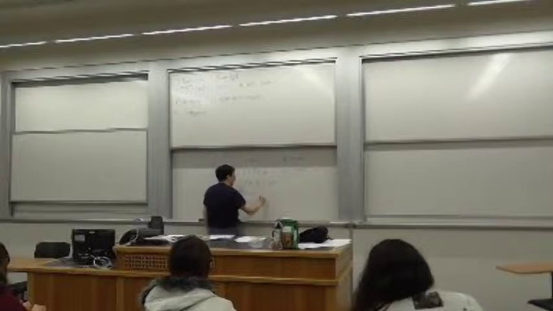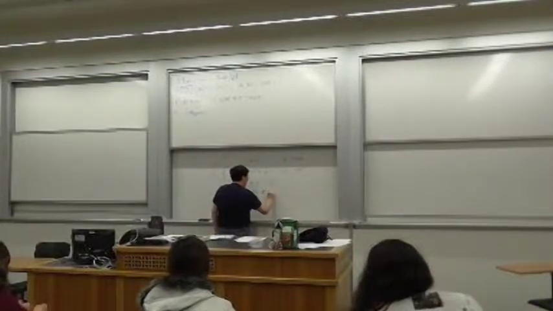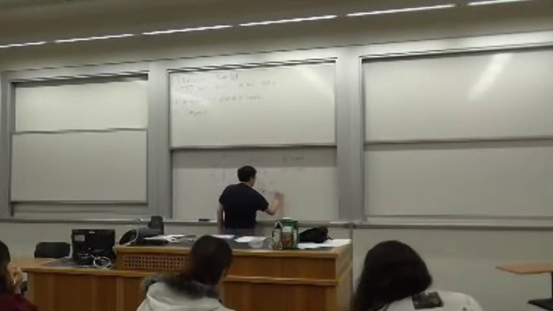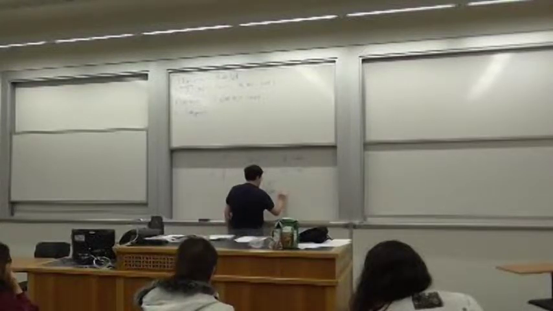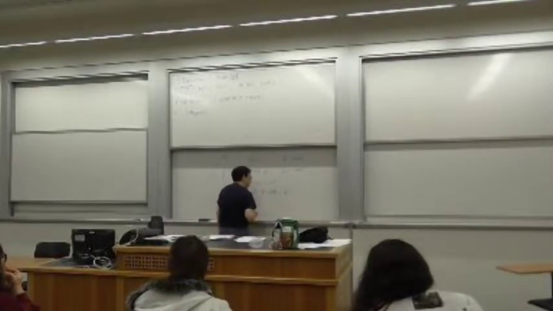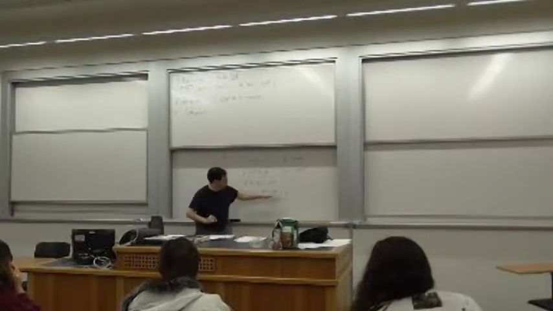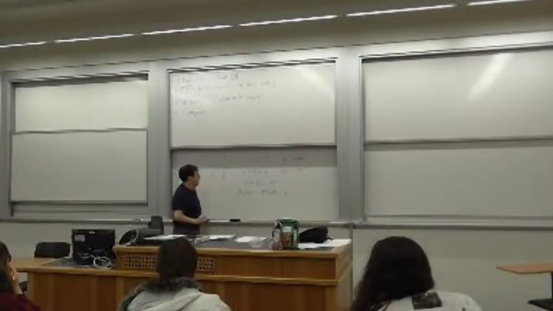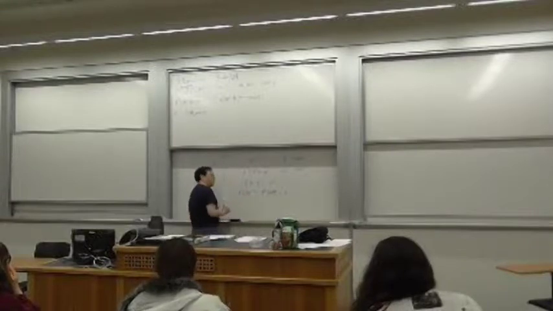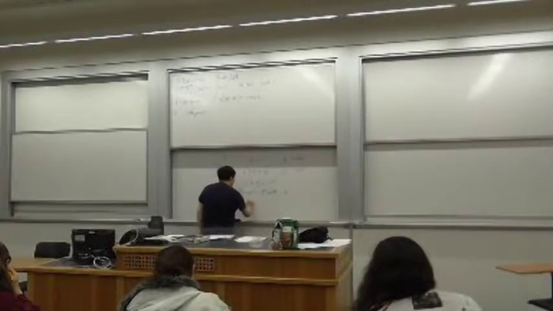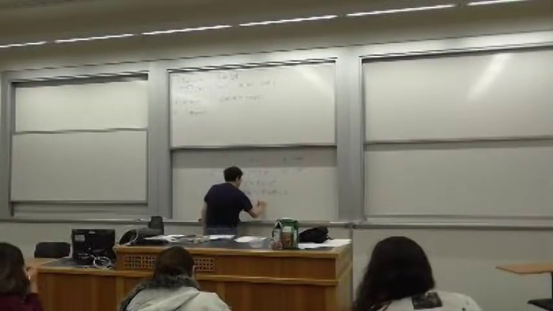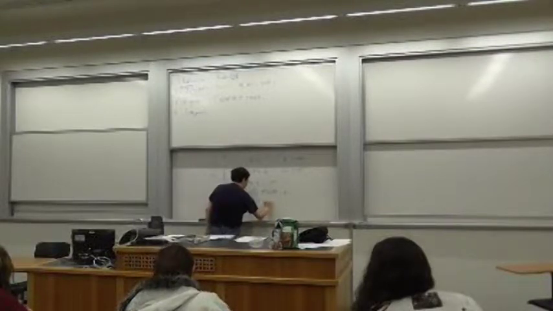Y is r sine theta, so r squared sine squared theta, and that's equal to r squared. But of course, we can divide by r squared, and I'm going to rearrange it a little: sine squared theta plus cosine squared theta equals 1.